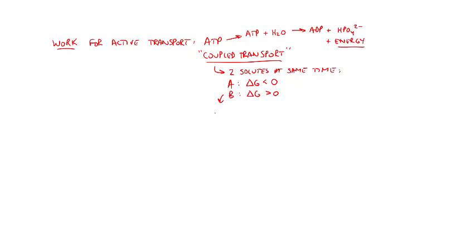So in essence, transit of solute B is sort of paid for by transit of solute A. So you move both solutes at the same time. One of them is favorable and the other one, the transit is unfavorable. And as long as the favorable one is more favorable, you end up with a net delta G that is negative.